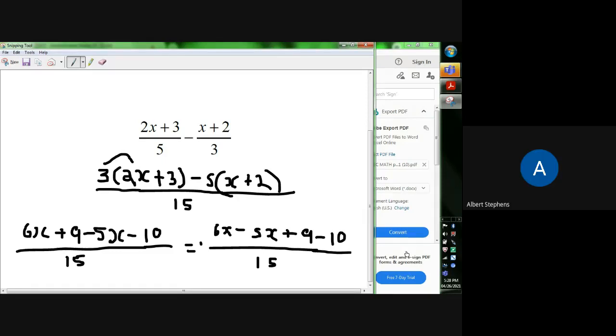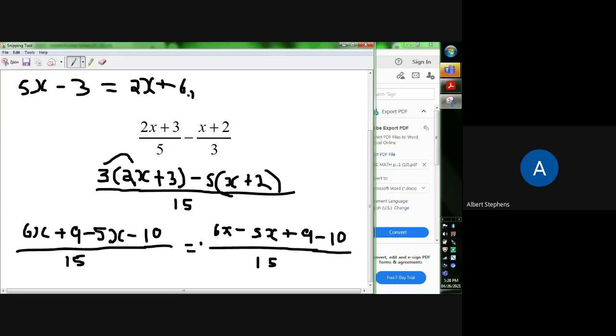I think I know why you asked me, because sometimes, for example, suppose you have 5x minus 3 equals 2x plus 6, and you're asked to solve this.